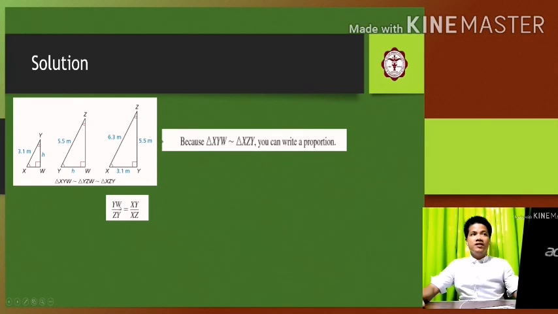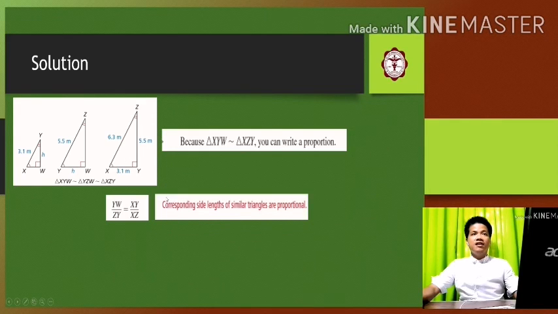That is YW, using the smallest triangle, is to ZY, using the original triangle, equal to XY, the smallest triangle, is to XZ, using the original triangle. That's why we have corresponding side lengths of similar triangles are proportional.